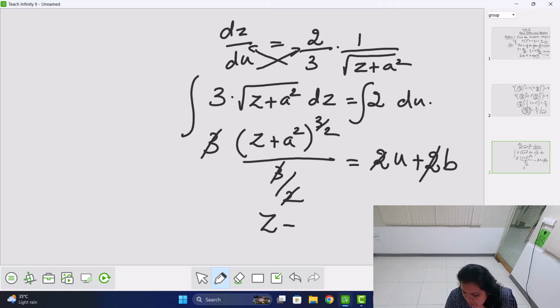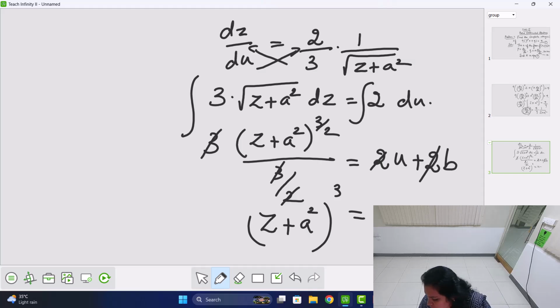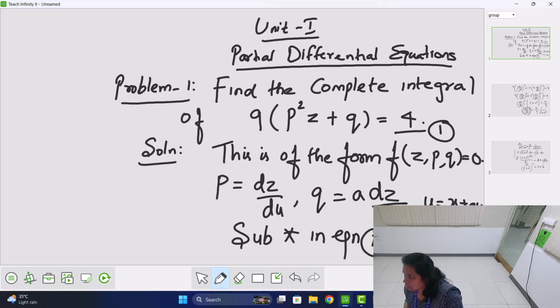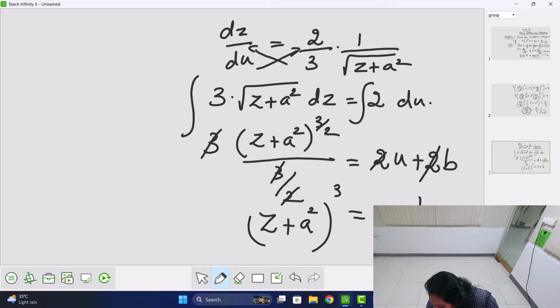So you get (z + a²) to the power 3/2 is equal to u + b. Already you know the value for u is x + ay, so we can substitute here: x + ay + b. So we have to get our correct solution.